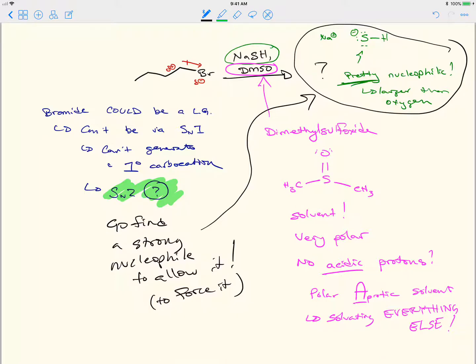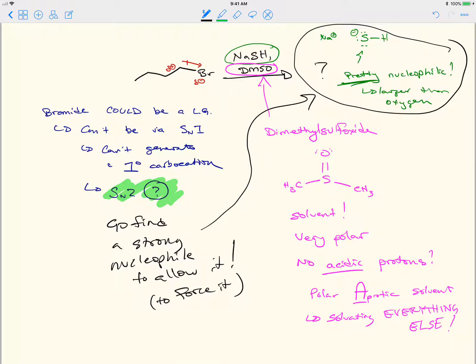You can throw in sodium chloride to your heart's content and it'll just keep on dissolving. So water is a very polar solvent. Salts require very polar solvents to be solvated. So we need to find a solvent polar enough to solvate our salt, but also to solvate our organic compound, our 1-bromobutane.